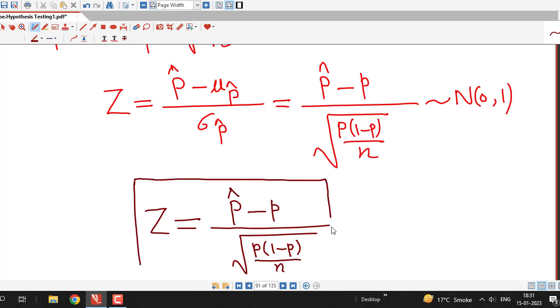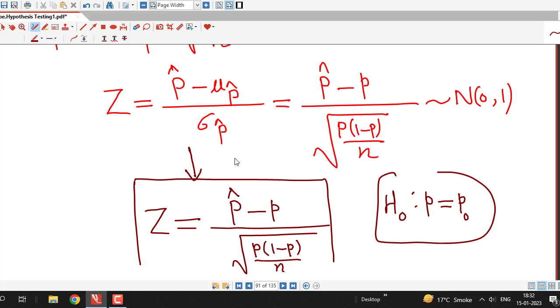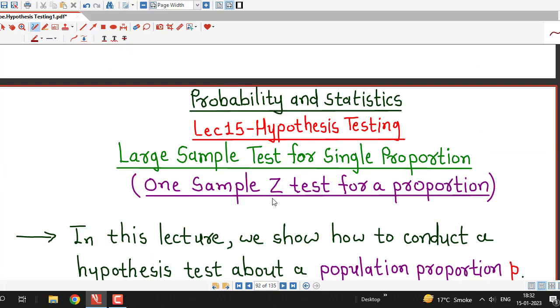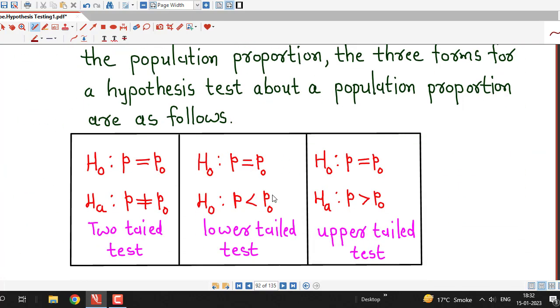This is the test statistic for testing the null hypothesis that the population proportion is equal to some hypothesized value. So remember this formula for the test statistic for hypothesis testing for a population proportion, which I have written here.